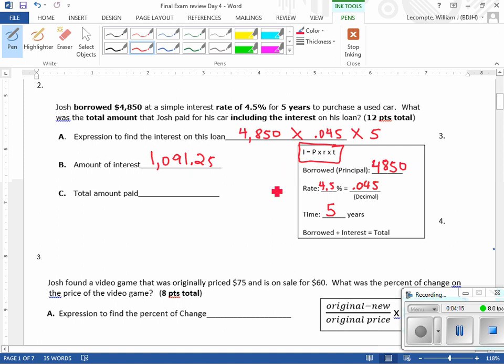And so our total amount paid, well, we're going to take the amount that we borrowed and add the amount of interest back to that. And that gives us a total amount of $5,941.25.